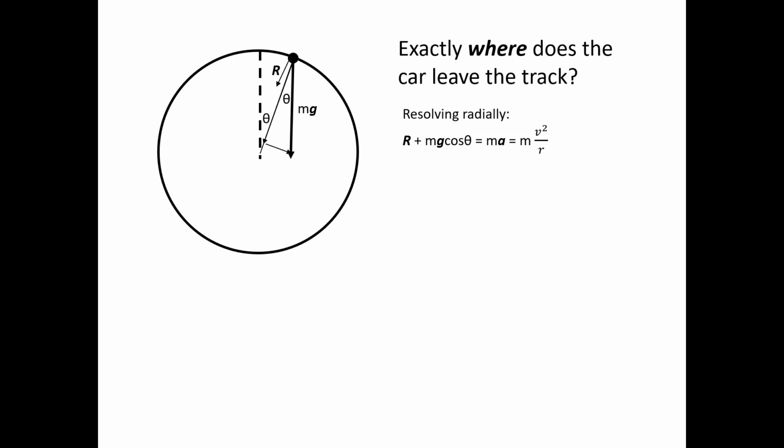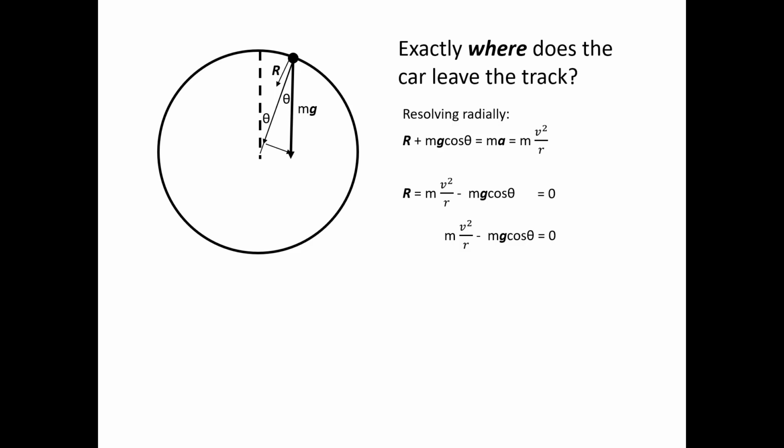We can now rearrange that equation to give us an equation for that normal reaction. But remember the picture. The car left the track when the normal reaction dropped to zero. Now we simply have an equation to solve with one unknown, theta. So, there's the equation we need to solve.